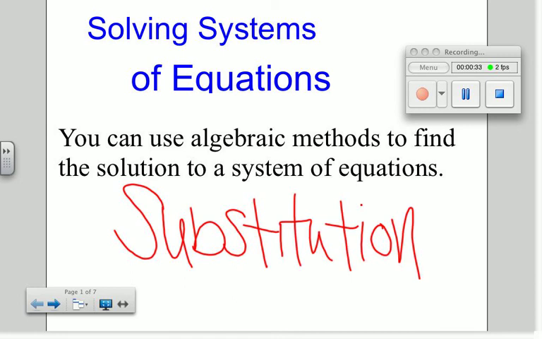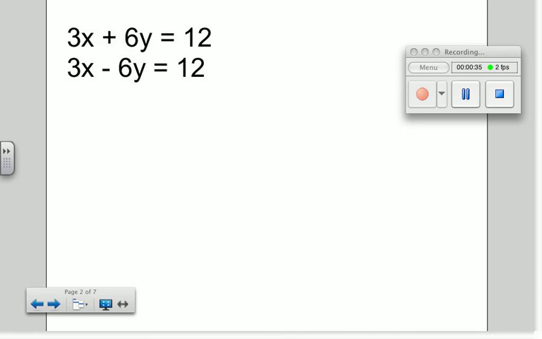And we're going to work through several different examples so you can get used to the process, the different steps involved that it takes to solve a system of equations by using the substitution method.